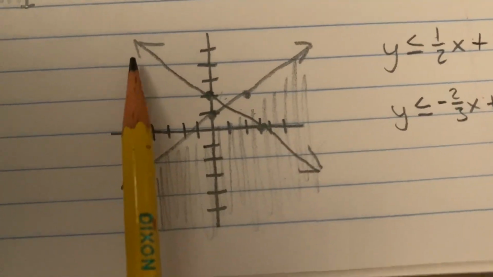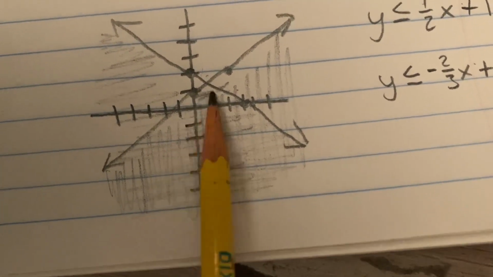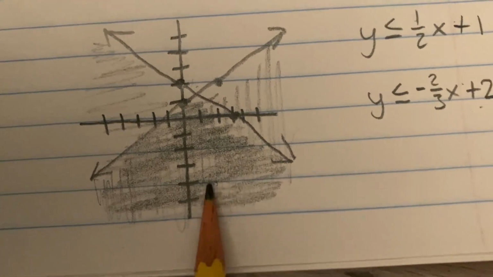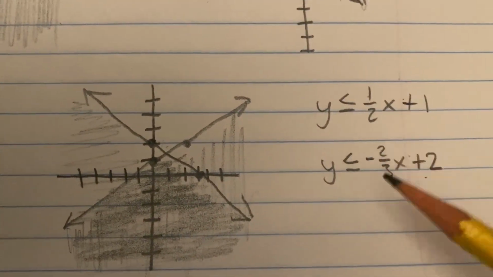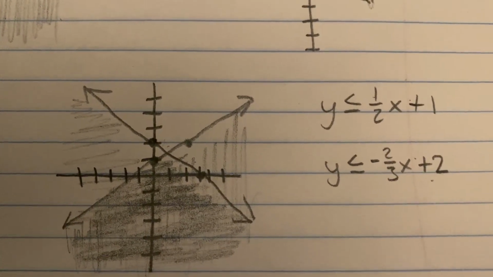So this time I'm going to shade sideways like this. Where the shading goes in both directions, which is this area here, is where the solution set for both is. And that's it. Good luck.